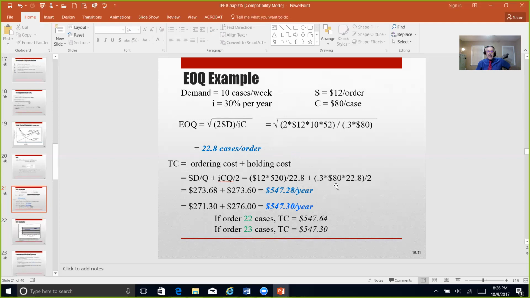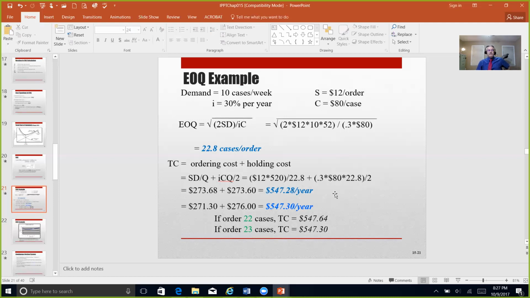Now, if instead of 22.8, I used 23 cases and redid my calculations, inserting 23, that would be $547.30. So it's actually cheaper to order the 2/10 of a case and have just a little bit of excess inventory, because of the total cost associated with it.